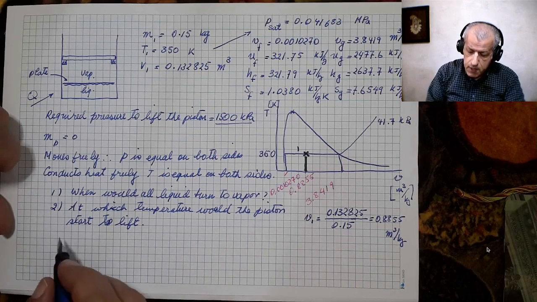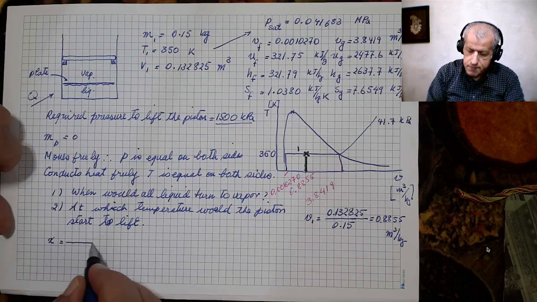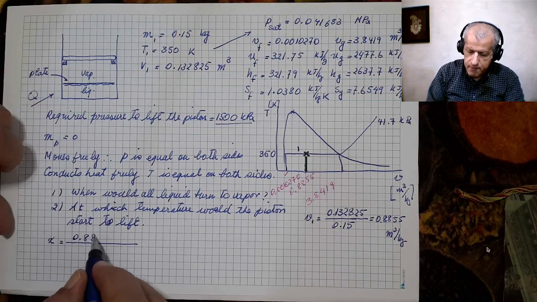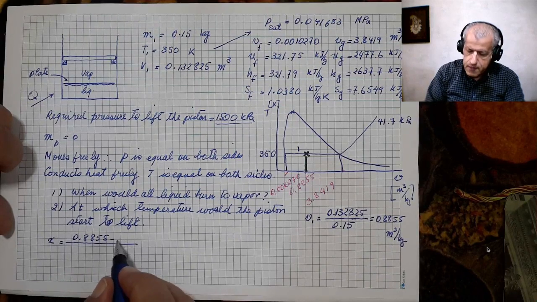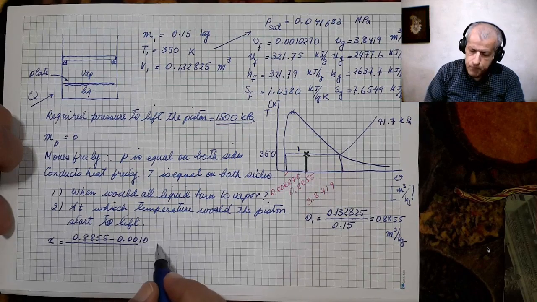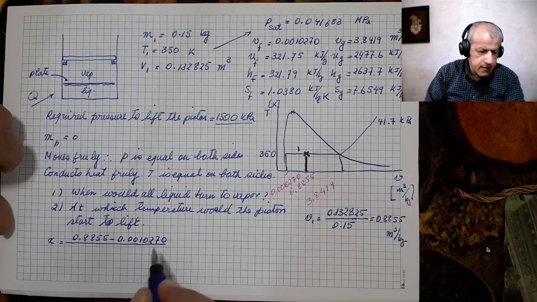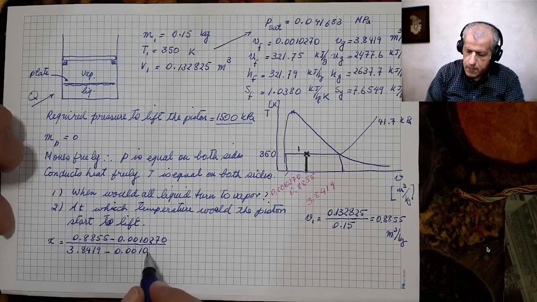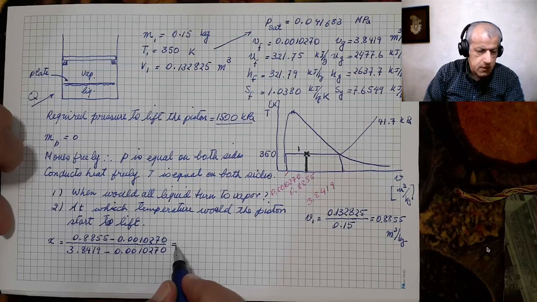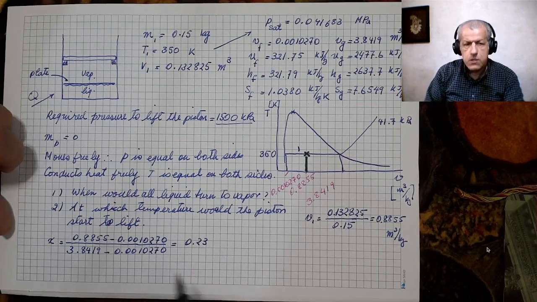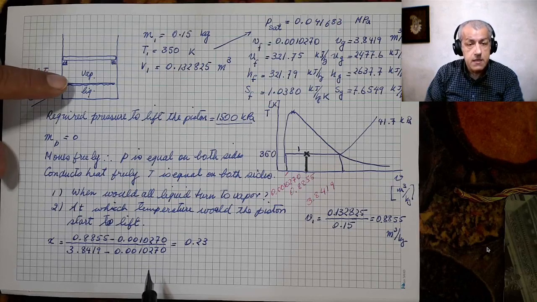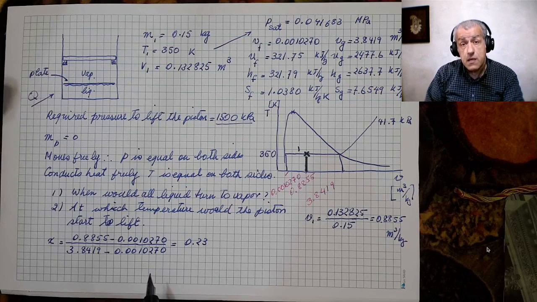Now, to calculate quality, we could write x equals 0.8855 minus 0.0010270, divided by 3.8419 minus 0.0010270, and the outcome would be 0.23, which is the quality of water inside this cylinder at its initial condition.